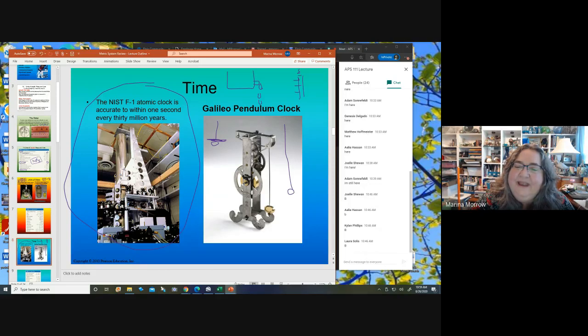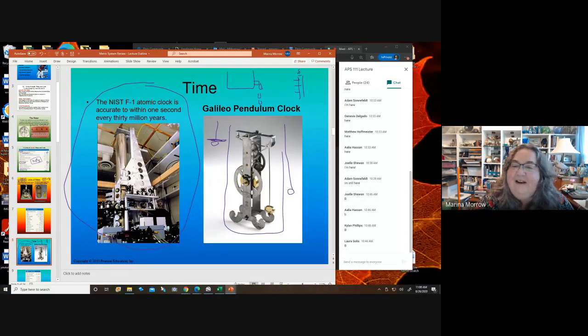And so he figured out that he could actually use that to keep track of time. He designed a clock, but he never got to build it because he was in jail, or under house arrest. People built it later, but he figured out he could use a pendulum to keep track of things.